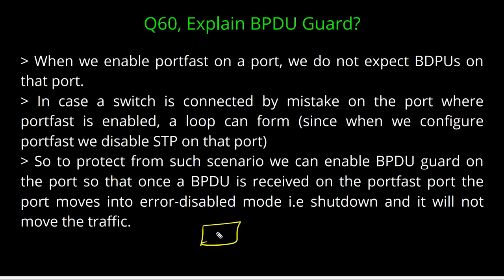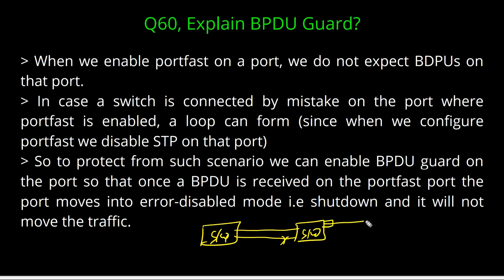Suppose we have switch 1, switch 2, connected like this, so one port is blocked, and suppose this is my access port where I configured port fast.